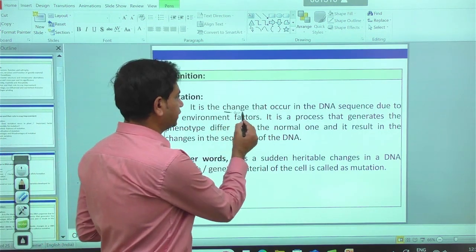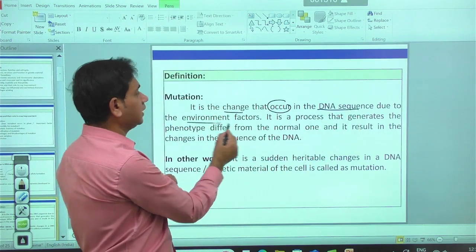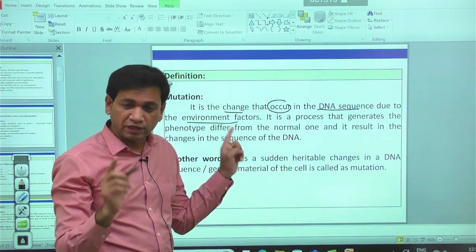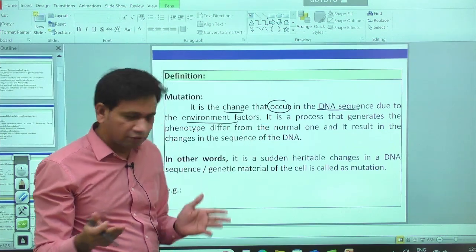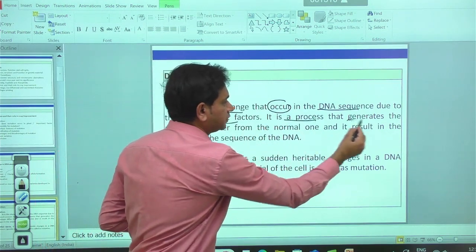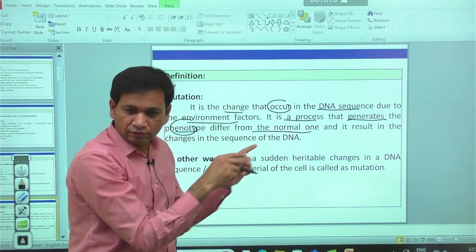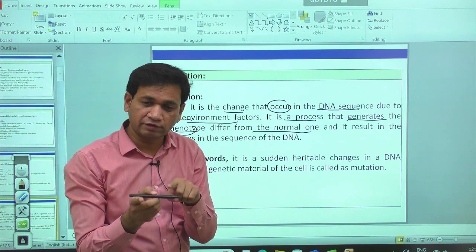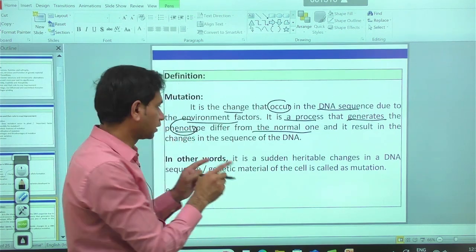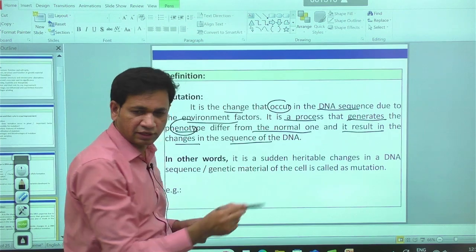It is the change that occurs in the DNA sequence due to environmental factors. Not only environmental factors, it includes both biotic and abiotic factors. It is a process that generates a phenotype that differs from the normal one. Whatever recombinant chromosome we get is totally different from the normal chromosome, and it results in changes in the sequence of the DNA.